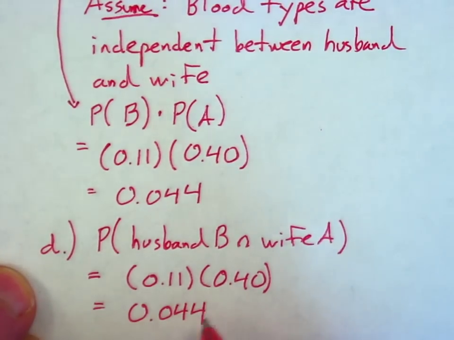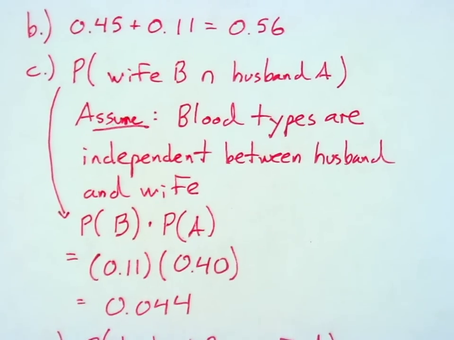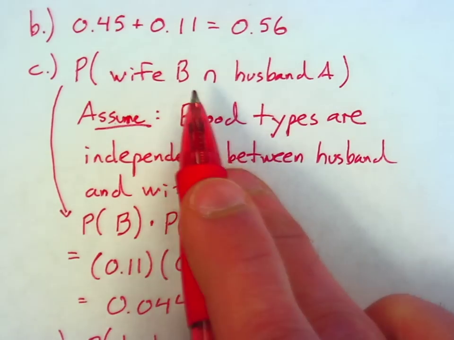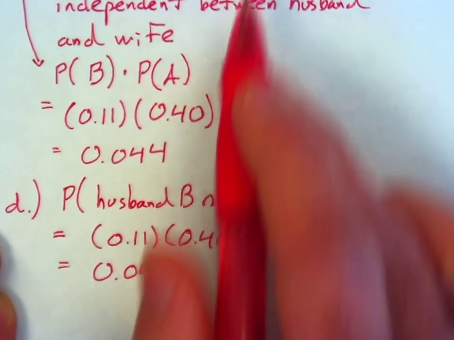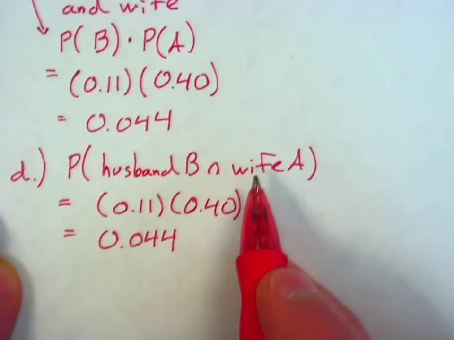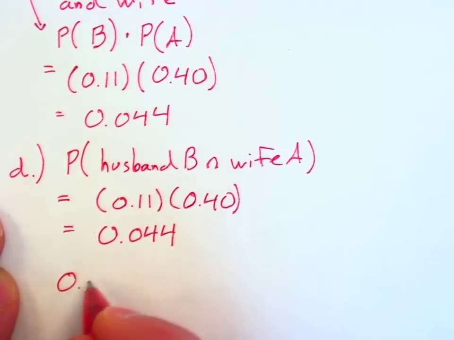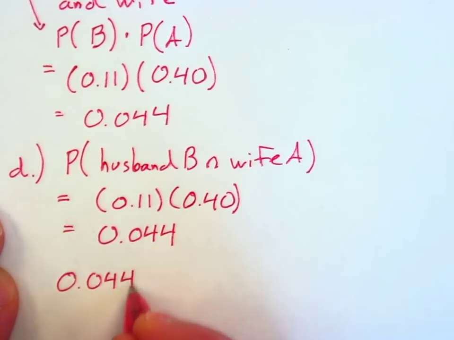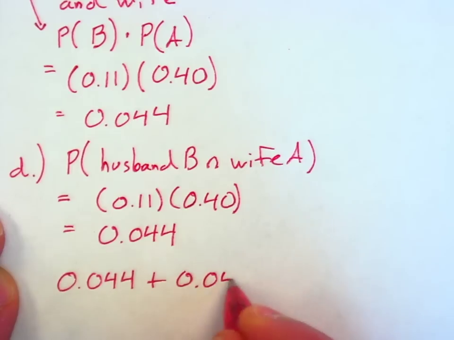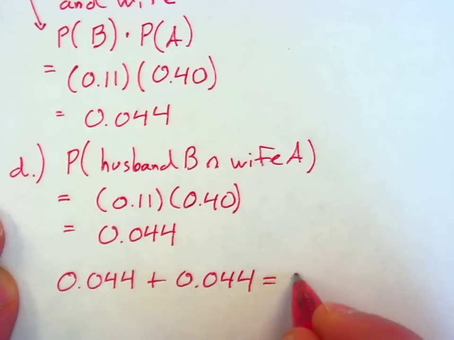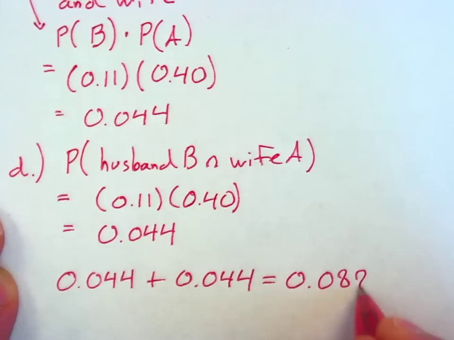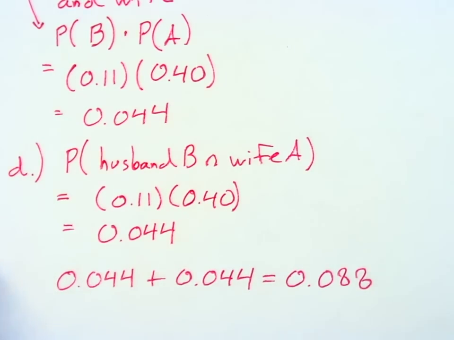But the point is this, either one of these could occur. So in part D, wife B, husband A is possible, or husband B, wife A is possible. So ultimately our answer is found by taking the 0.044 and doubling it, or adding 0.044 to 0.044. That gives us 0.088. That's what we're looking for in part D.